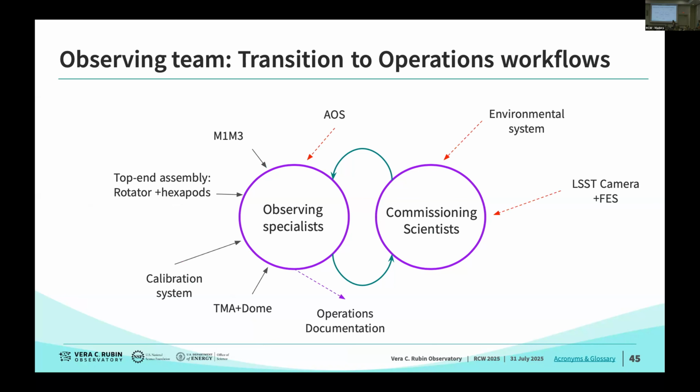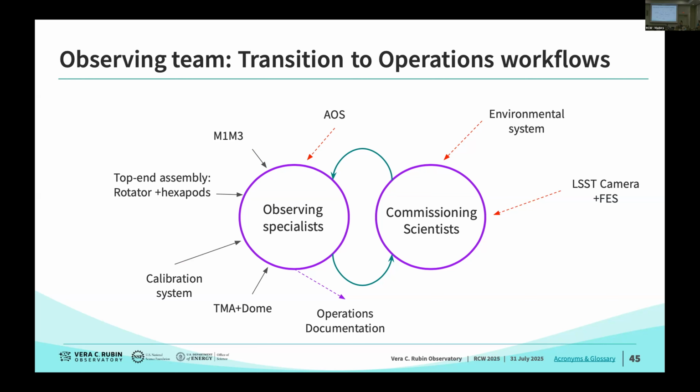So currently where we are at is the observing specialist team has been handed over the control for most of the major components of the telescope and the observatory, like M1M3, the top-end assembly, calibration system, the telescope mount assembly, and the dome.